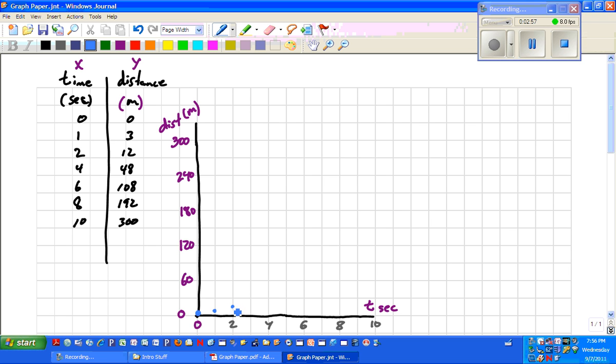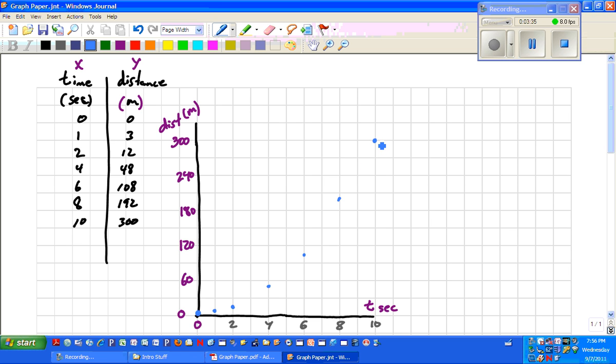Since this is 30 and 15 is about halfway, 12 is going to be a little less than that. 4 will be at almost 50, so about here. 6 is going to be at 108, so that's 90, 100, 110, about there. 8 is almost at 200, so it's 180, 190, about 200 right there. And then 10 is at 300.